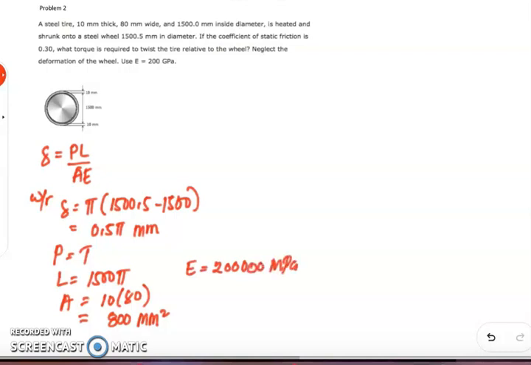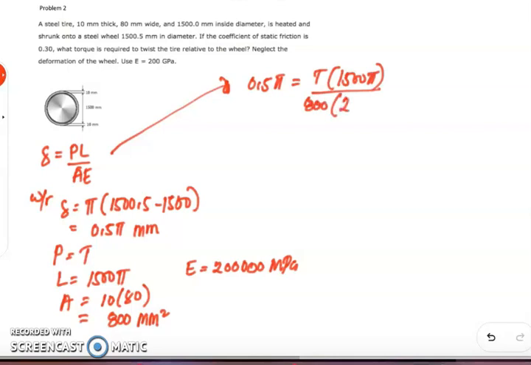So we simply have to substitute to our formula so that we can get the value for our T, which is our P. So 0.5 pi is equal to T times 1500 pi over 800 times 200,000.